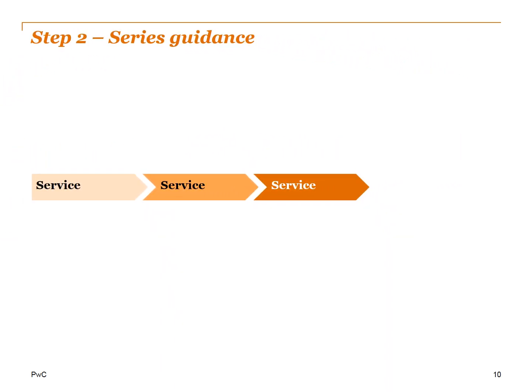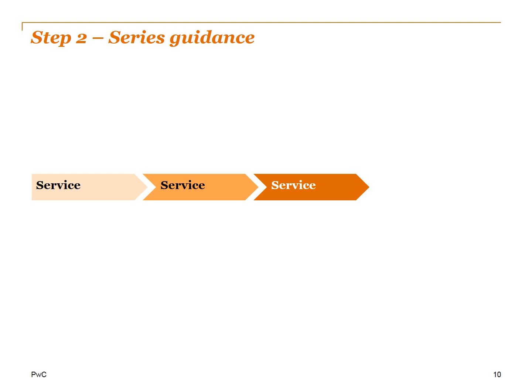What about the situation where there is a series of distinct goods or services provided over a period of time? A good example would be a daily cleaning service. In this case, the arrangement would be accounted for as a single performance obligation if the goods or services are substantially the same and have the same pattern of transfer to the customer.